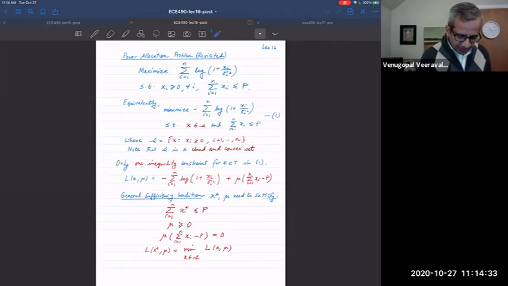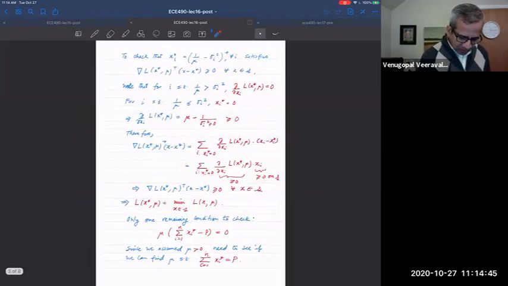But when you have logs, you do need to worry about whether the function is well defined on all of Rn or not, because it's not. So that's what we did.